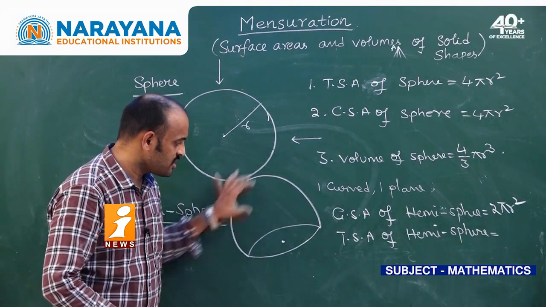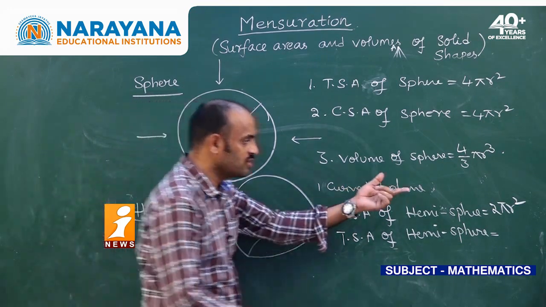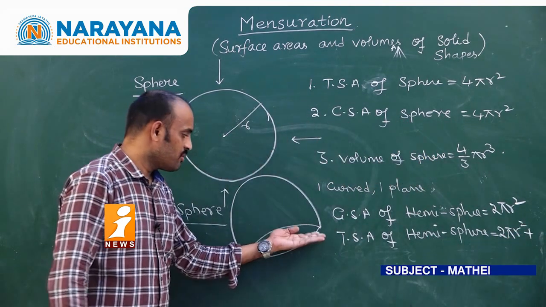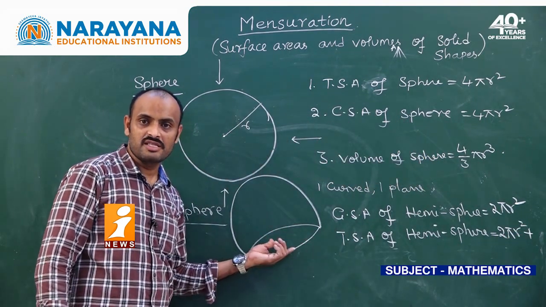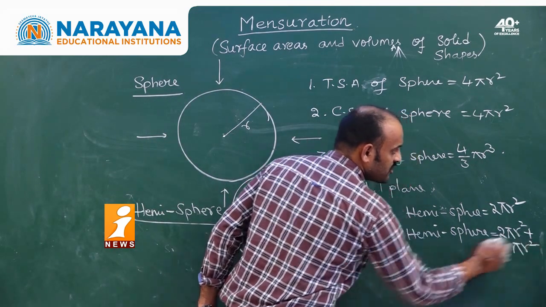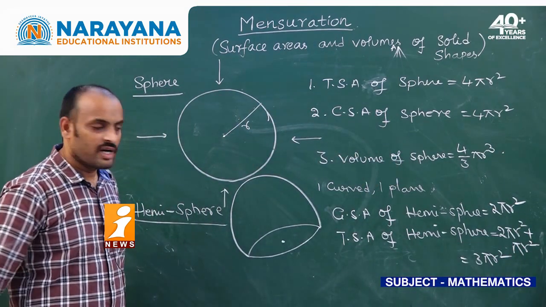One curved part is there and at the bottom there is a circle. So the curved portion we already know is 2 pi r square, plus the base area. What is the area of a circle? Pi r square. Therefore 2 pi r square plus pi r square is 3 pi r square.